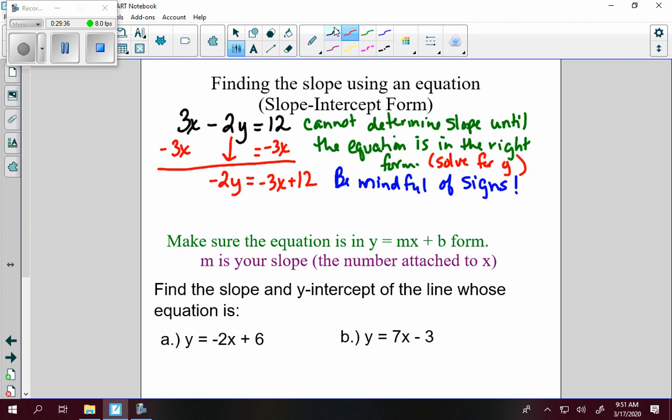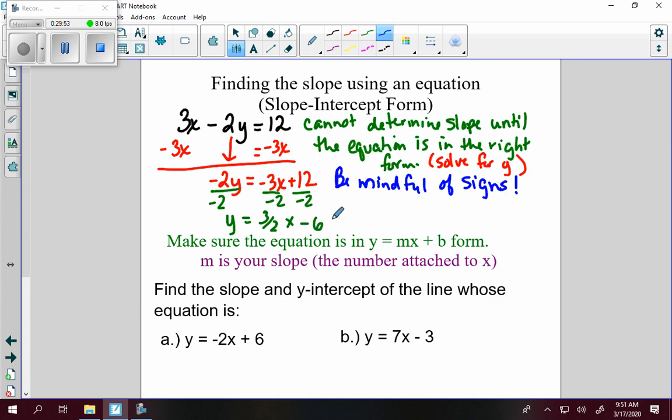And then y is still not by itself. So I'm going to divide by negative 2. So I get y equals 3 halves x minus 6.